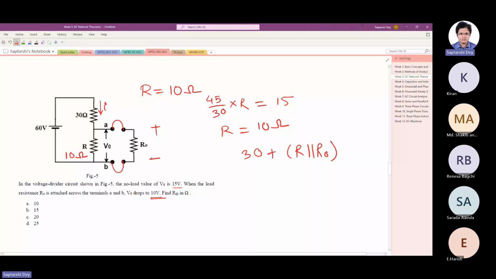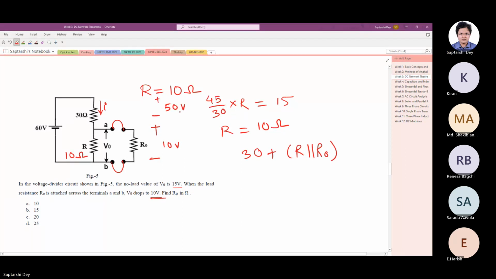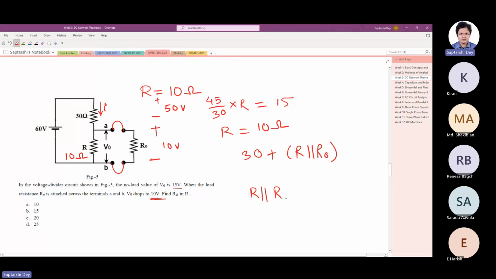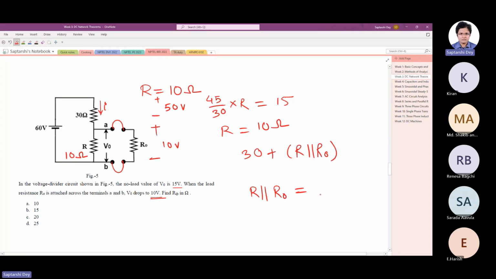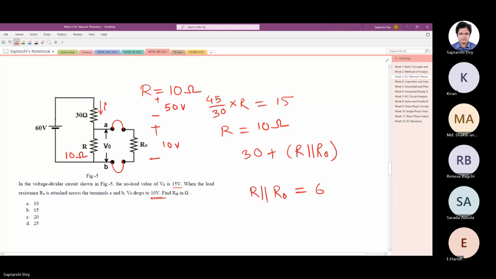Now V naught drops to 10 volt. So if now this is 10 volt, this is 50 volt. Now we have 1/5 of the voltage drop here. So definitely R parallel to R naught is 30 by 5, 6. So AB by A plus B is how much?